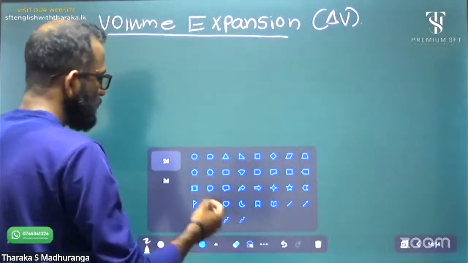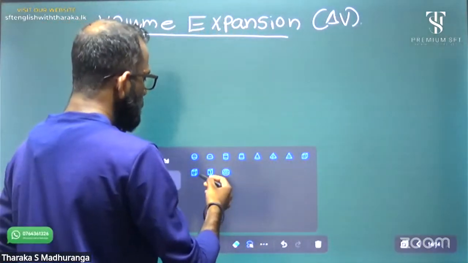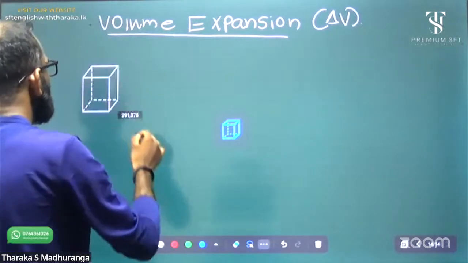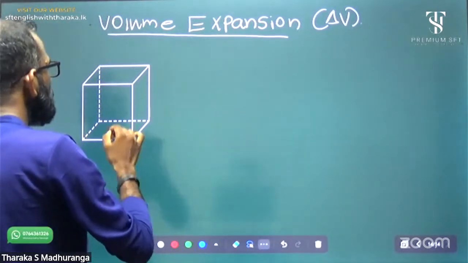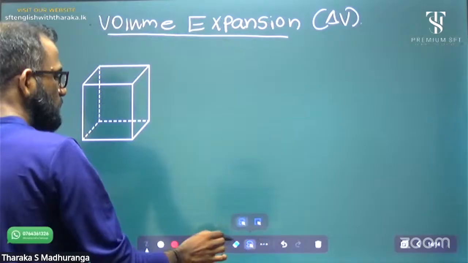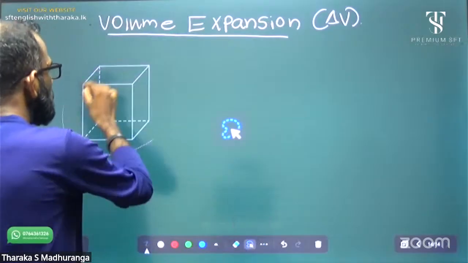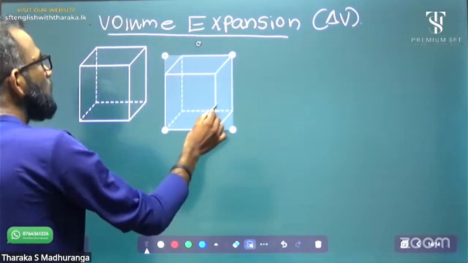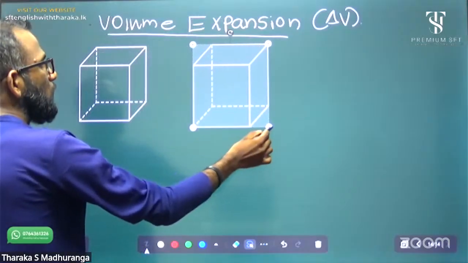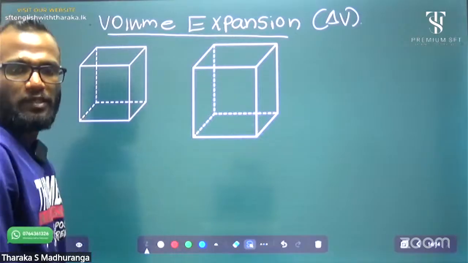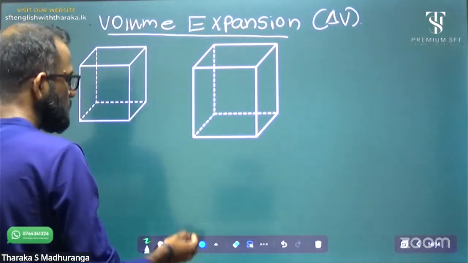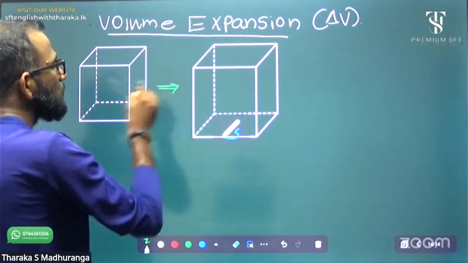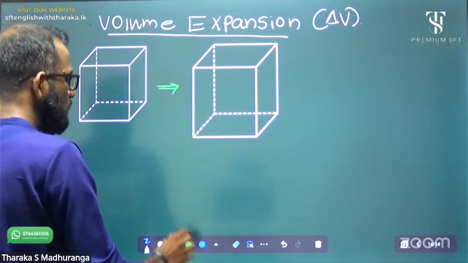In volume expansion, the object is at an initial temperature theta 1.